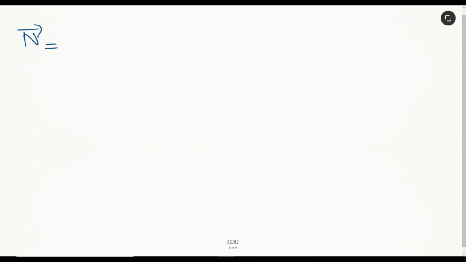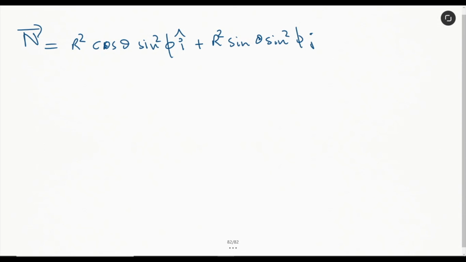It is going to be r square cos theta sine square phi as the i component, r square sine theta sine square phi as the j component, and r square sine phi cos phi as the k component.